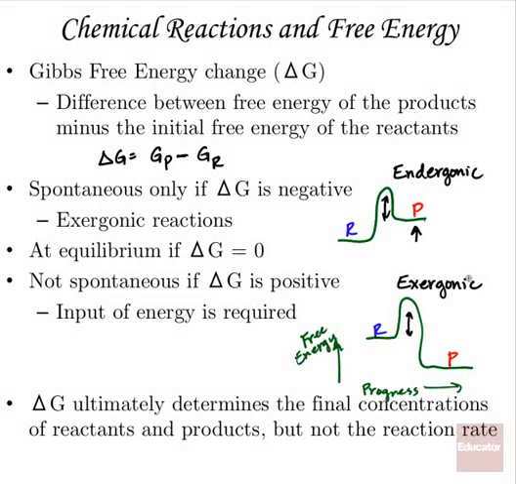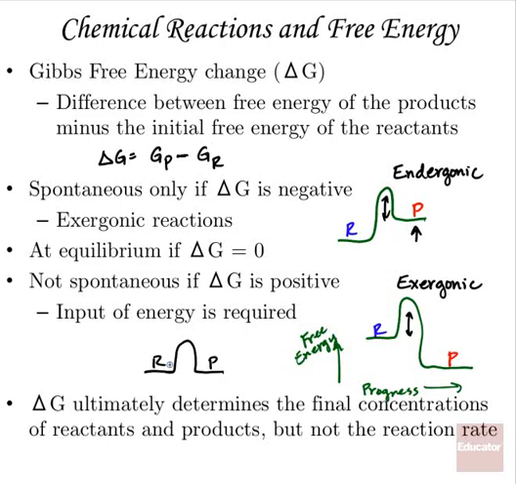Now, when your reactants and your products have the exact same amount of free energy, that's when you're saying that the reaction is at equilibrium. Okay, so you're no longer going one way or the other.